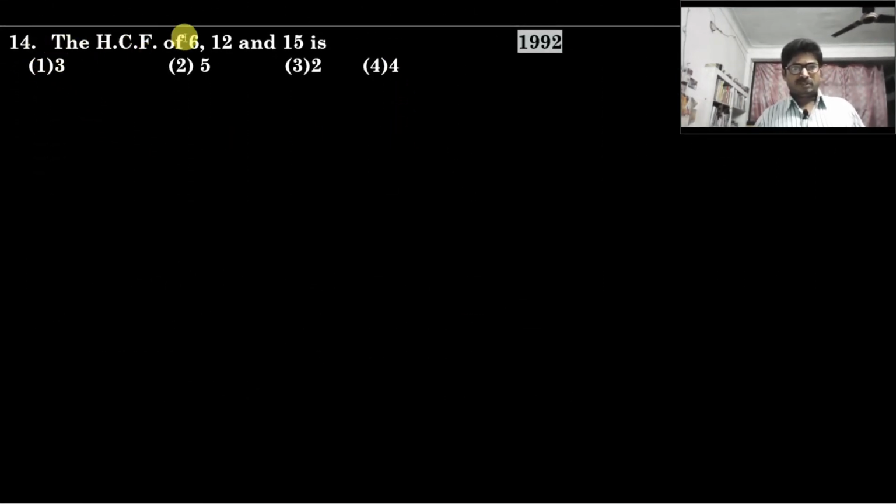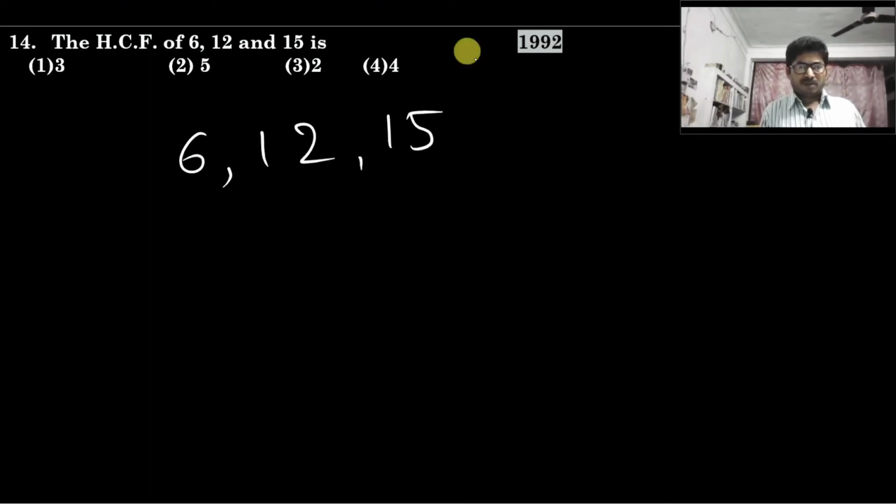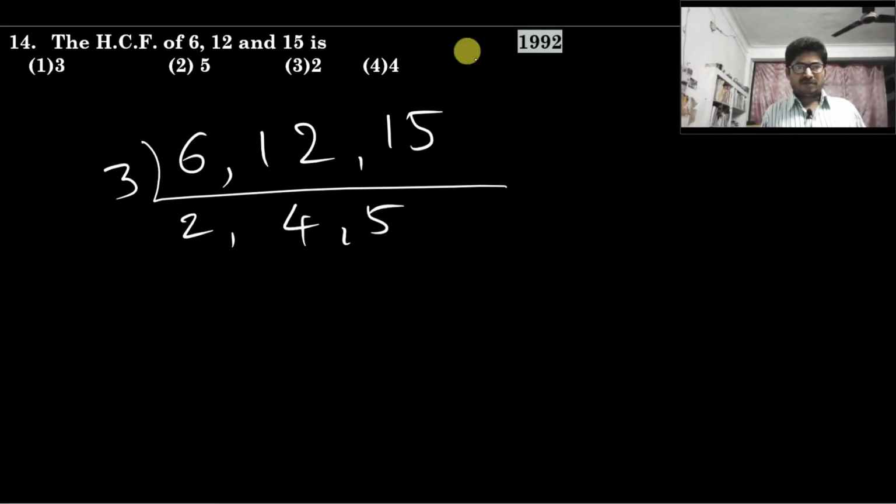Question 14: the HCF of 6, 12 and 15. You know how to find the HCF of numbers. What is the procedure? This is the easiest method: taking a common divisor and dividing all of these. 3 is common for all of these. 3 2s are 6, 3 4s are 12, 3 5s are 15.